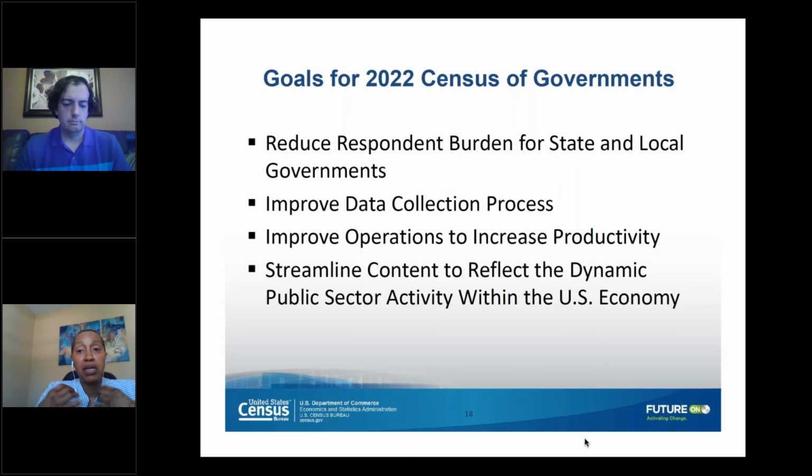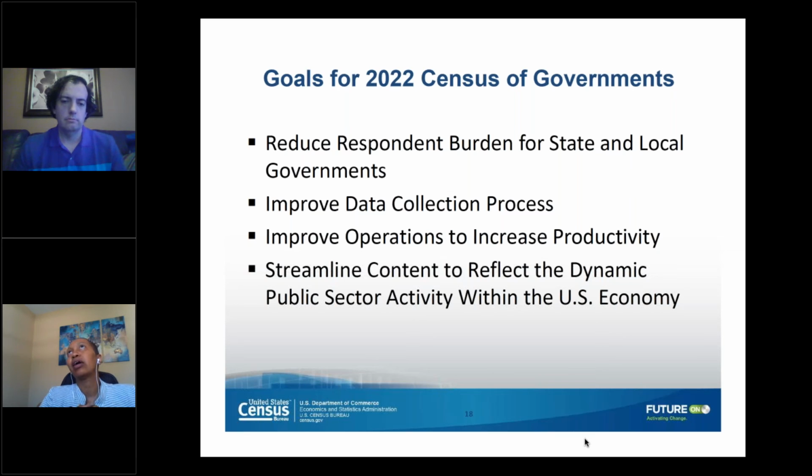So if there are administrative records that you have, or if there's an opportunity for data sharing of admin data, we definitely want to know about that so that we don't have to send, like Randy said, if the state can provide it to us through their methods, we won't have to send the forms to local governments, but we're still going to have your data because the state is providing it to us. So that's one of our goals as we go into 2022 Census of Governments.